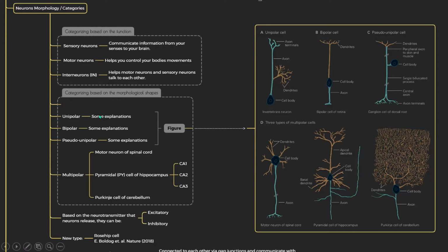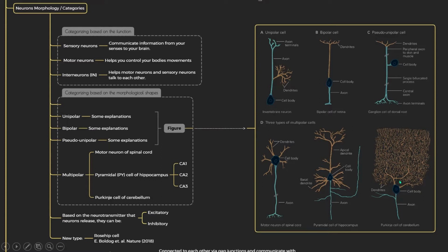And if we want to categorize them based on the morphology, they are categorized into 4 main groups: unipolar, which is this one, bipolar, pseudo-unipolar, and multipolar. There are of course more types of these neurons, but those neurons usually have lots of dendrites, which are these parts.